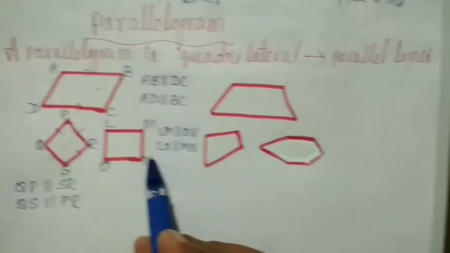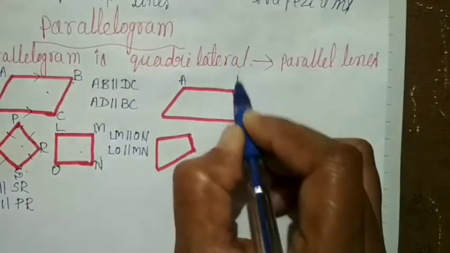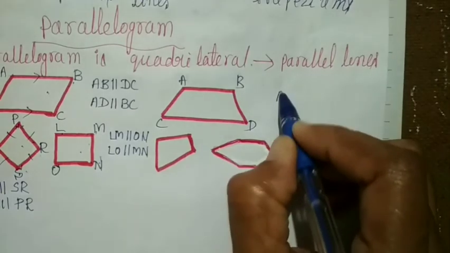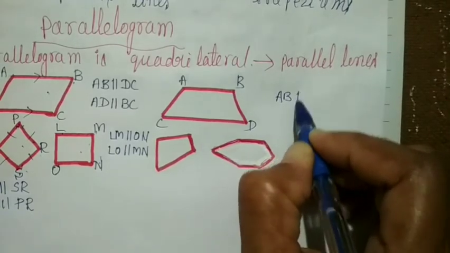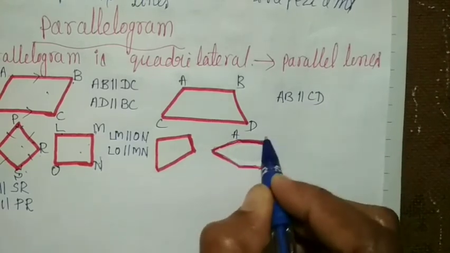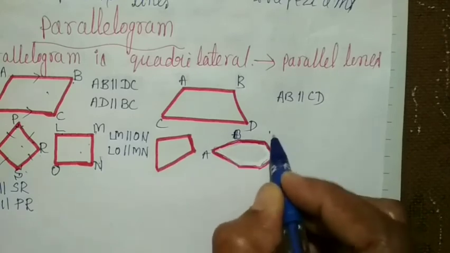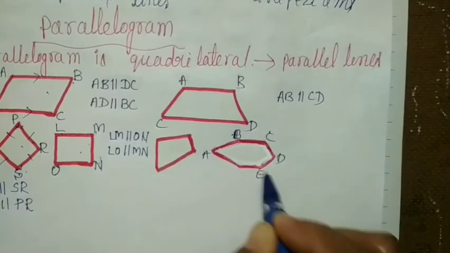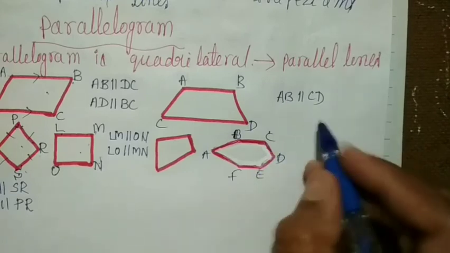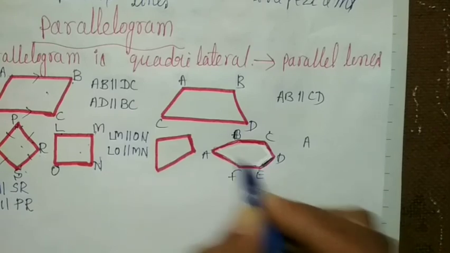Now coming to these pictures, we take A, B, C, D. Opposite sides means AB parallel to CD. Here in this picture A, B, C, D, E, F, opposite sides, only two are parallel.